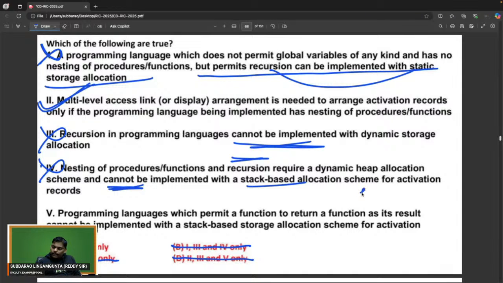Function returning a function. It is a function, and inside you are returning some other function, returning some function address.